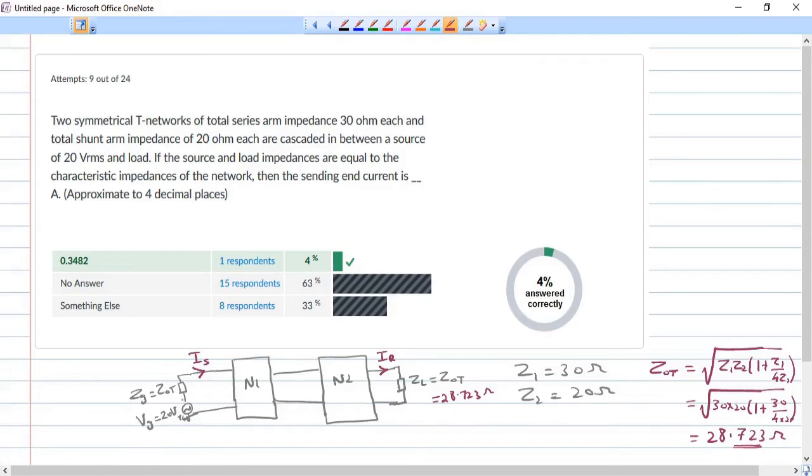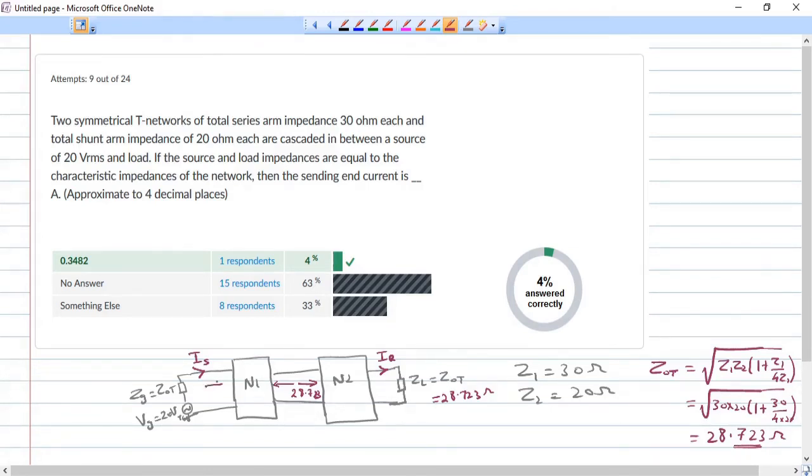Again, this Z0T is the characteristic impedance of this network N2. So the impedance seen here will also be equal to 28.723 ohm. That will be the impedance seen at the second port of the N1 network.